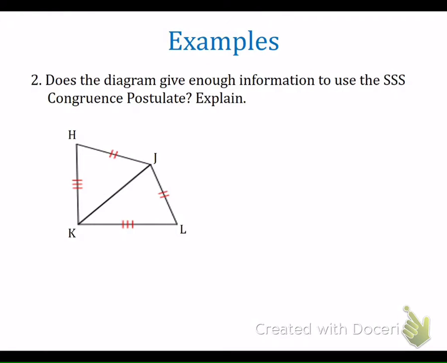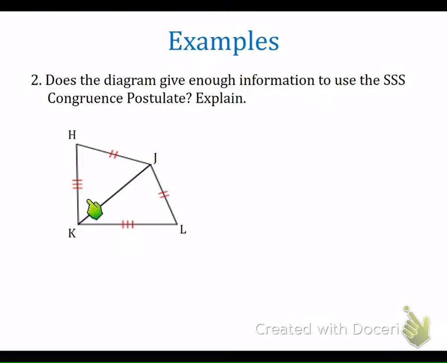On number 2, it says, does the diagram give enough information to use SSS, so side, congruence postulate? No. Tell me, want someone to defend themselves? Damon, you defend us.